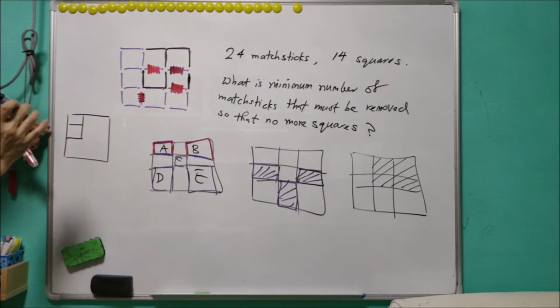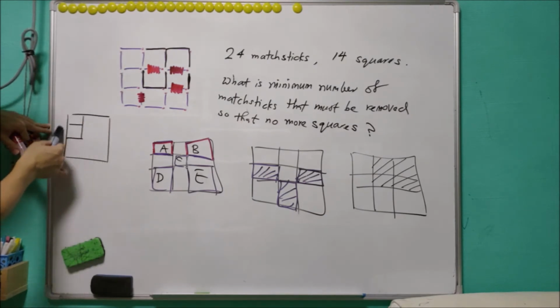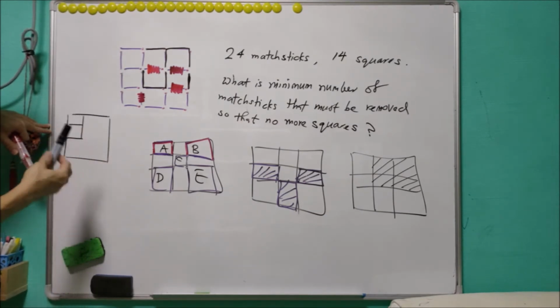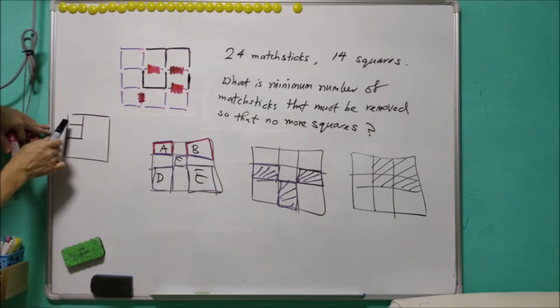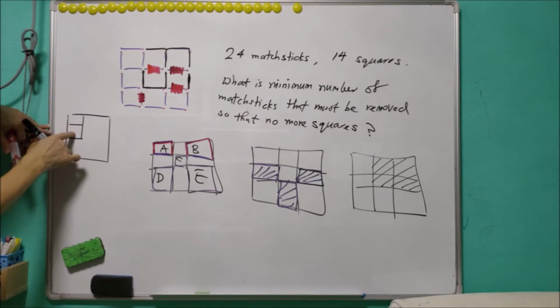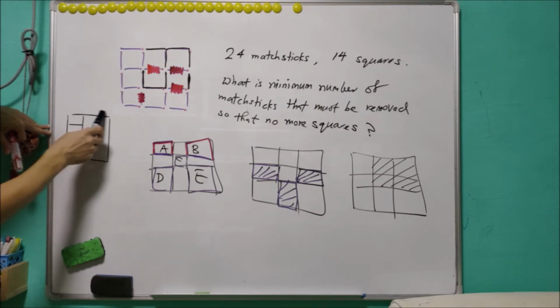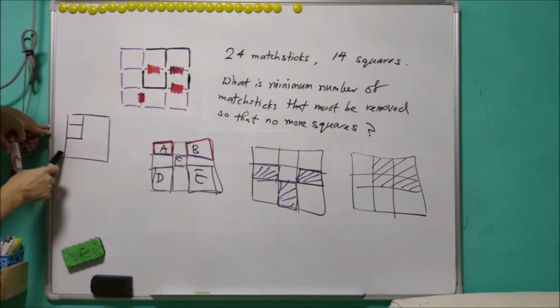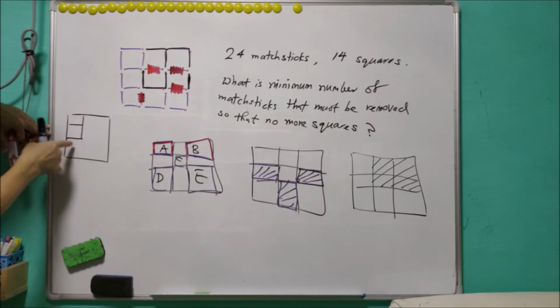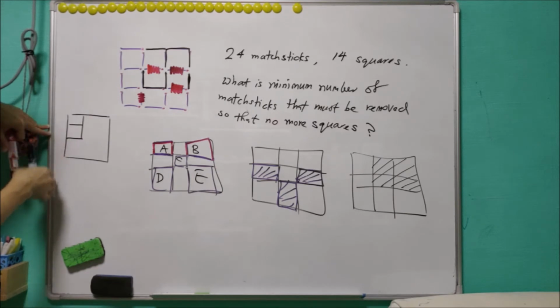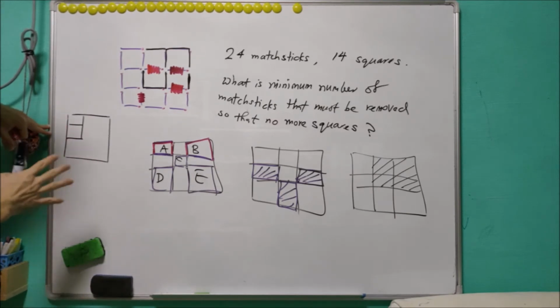We can only remove one matchstick to destroy these 3 squares. That is impossible because these 2 smaller squares have a common matchstick from here, and each of these small squares has an intersection with the bigger square at a different matchstick. So no matter which matchstick is removed, there must be at least one square remaining.